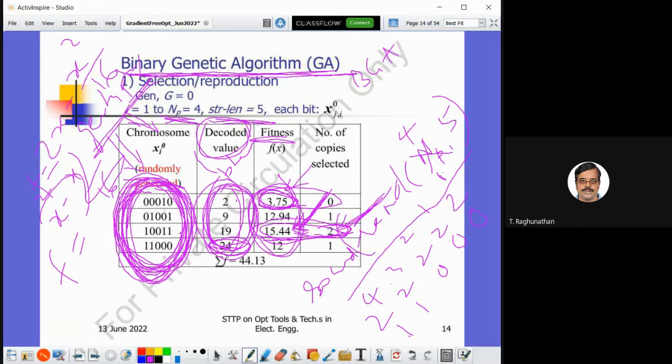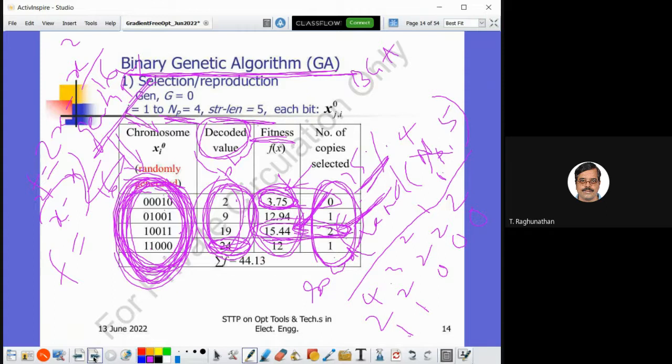So that is again selection based on fitness. This is the selection operator. Now it is over. Our selection rate is 75% and rejection rate is 25%.